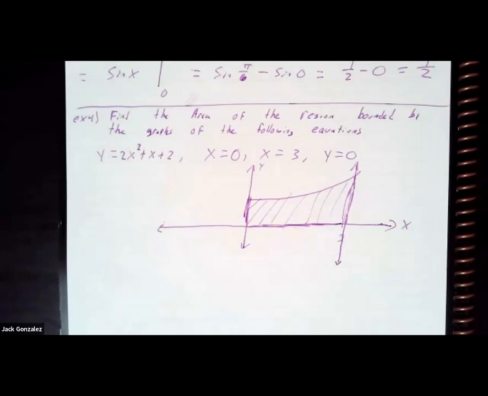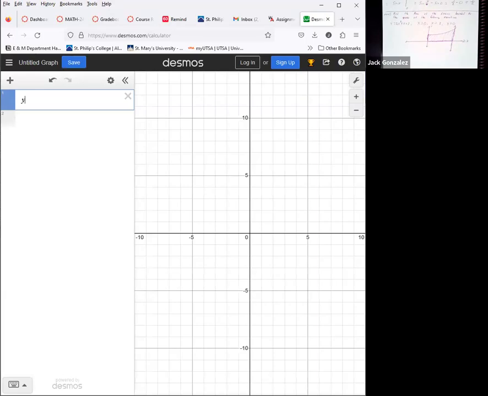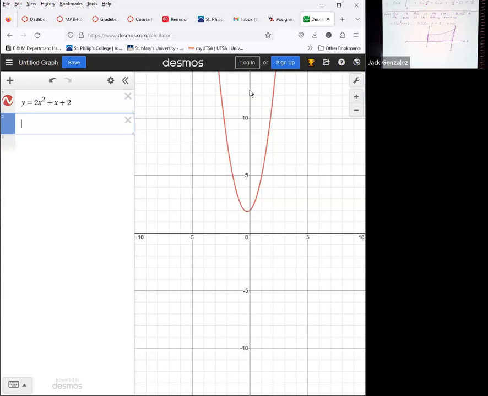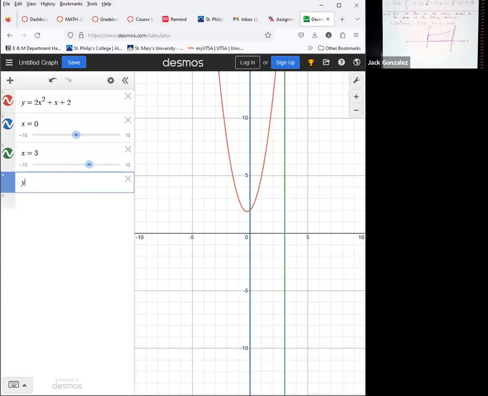So let me use a grapher so you can see it a little prettier. There, so you can see it better.